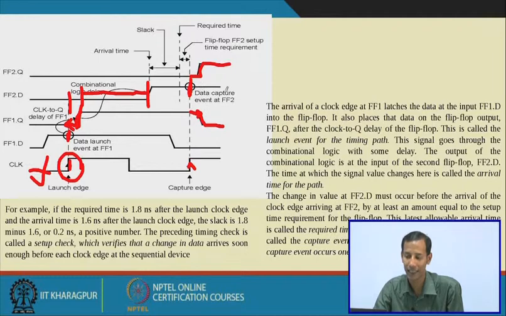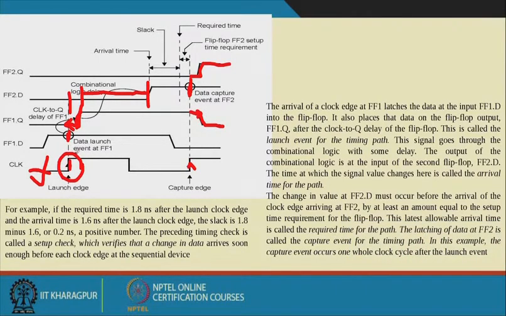So you see the data is launched by flip-flop 1 at this event, and this is the data capture event at flip-flop 2. While launching, it is passing the data to the second flip-flop, and that data is then captured by the second flip-flop.